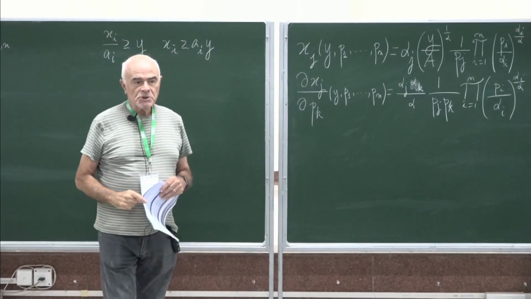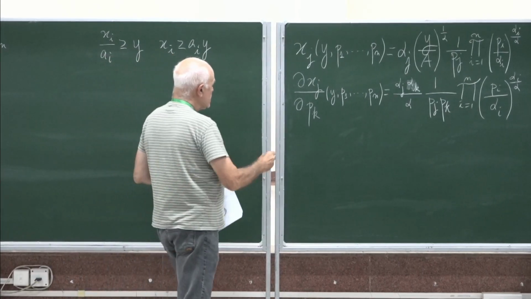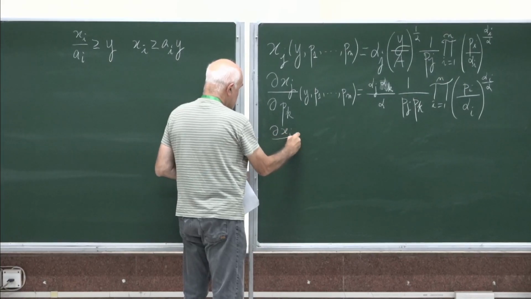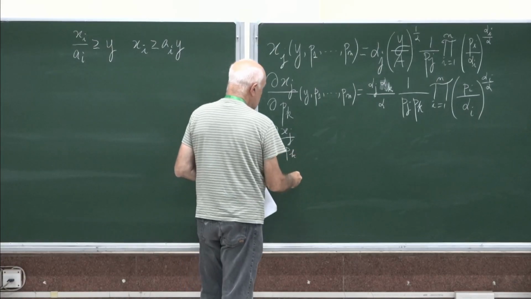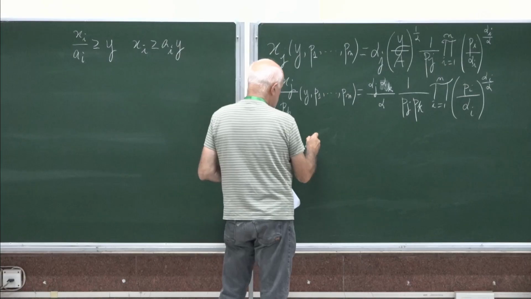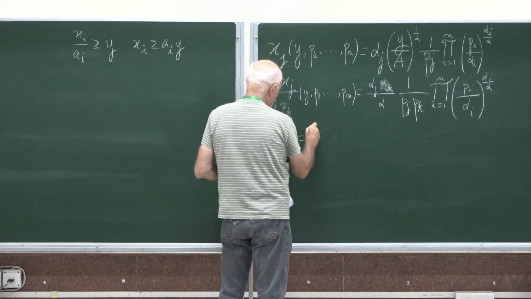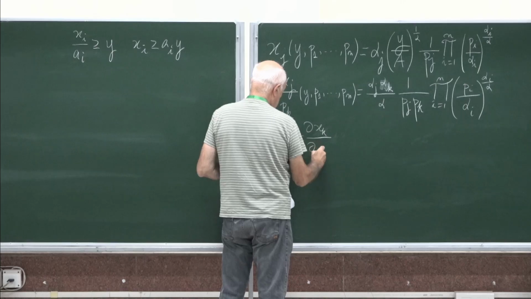Is the computation correct? Then we see that it is true that the partial derivative of x_j with respect to p_k is equal to the partial derivative of x_k with respect to p_j.